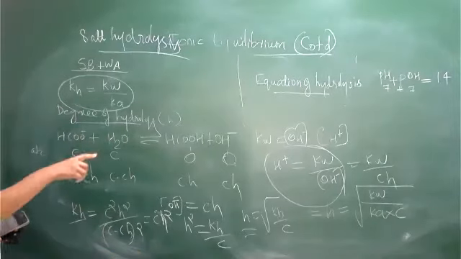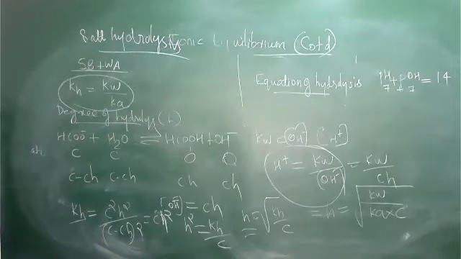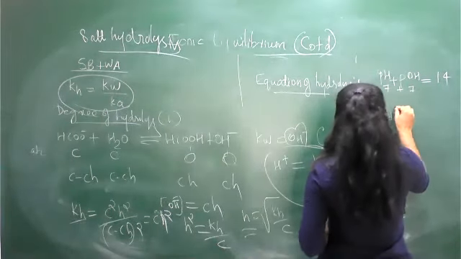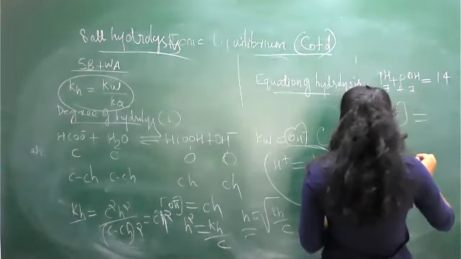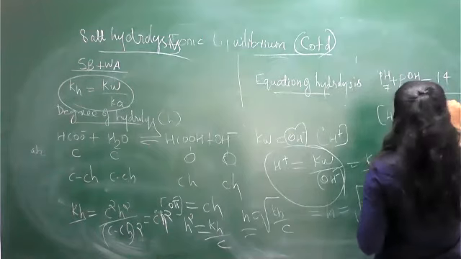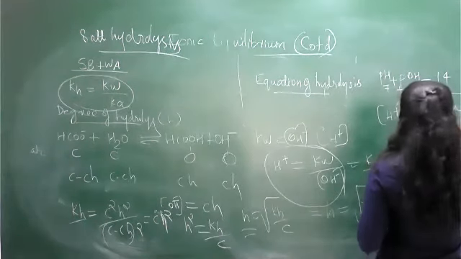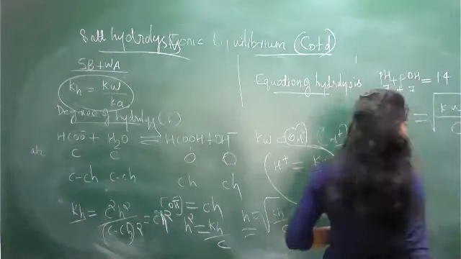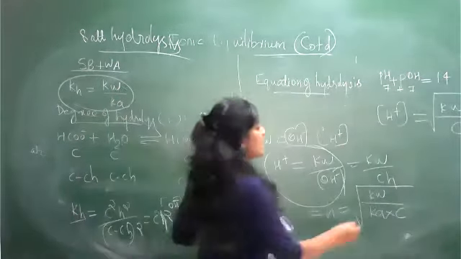After substituting, what happens? The final concentration of H plus is equal to root of Kw Ka divided by C. This is the final result.